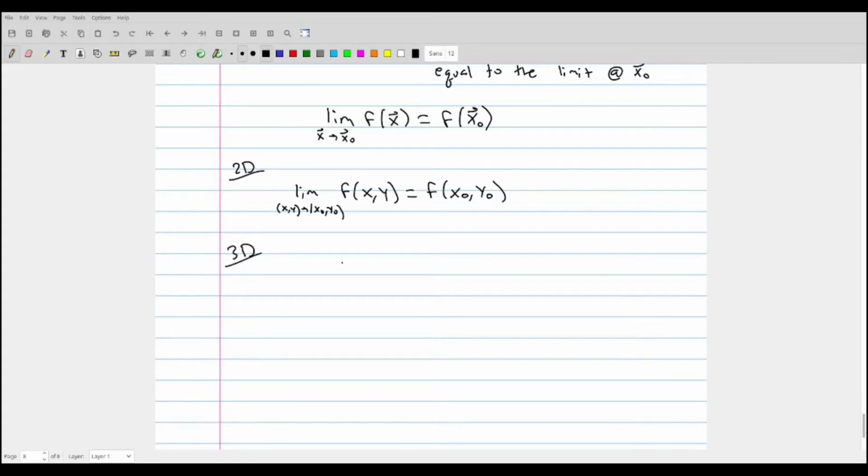Or in 3D the notation is similar. You say that the limit as (x, y, z) goes to (x naught, y naught, z naught) of f of (x, y, z) is equal to f of (x naught, y naught, z naught).